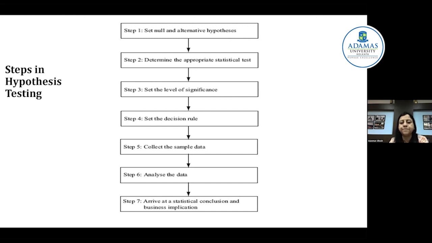We create a decision rule that beyond this level, if it comes less, we reject the null hypothesis, otherwise we fail to reject. That is the decision rule we create for ourselves based on the level of significance, and then we collect the sample, we analyze it with the appropriate test, and we come to a conclusion.